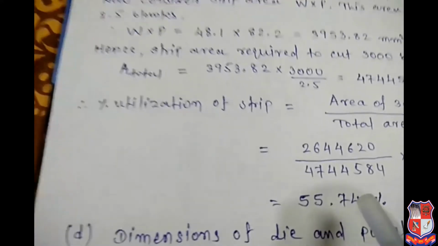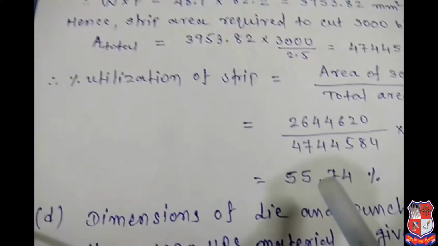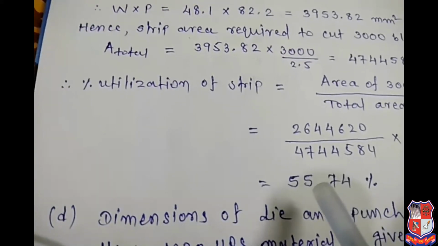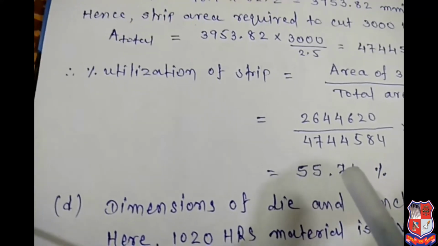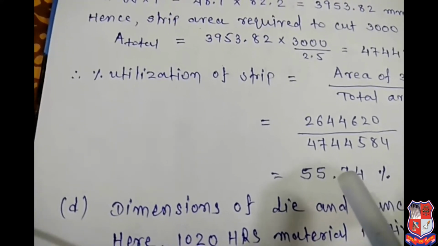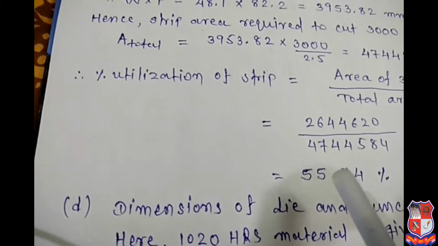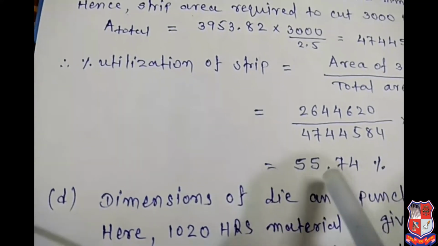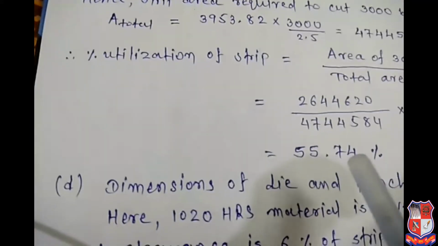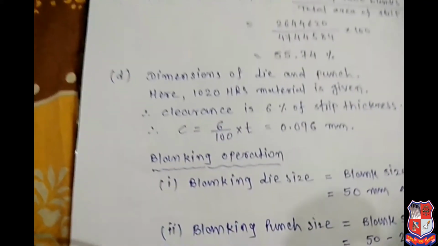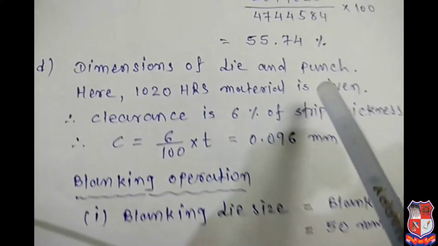In one of the textbooks I have observed that a single pass straight layout is used in this particular problem, and the utilization of strip is shown as 69%, but the single pass straight layout is not possible for this. It is a waste of the material, more waste of the material will be observed. So the final utilization of the strip will come around 55.74%.